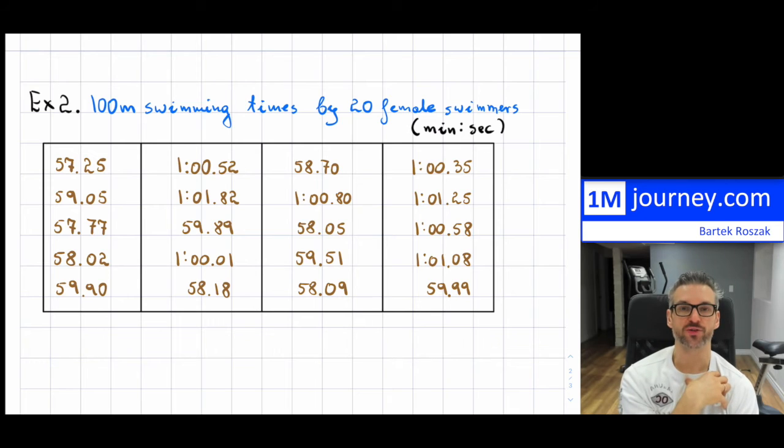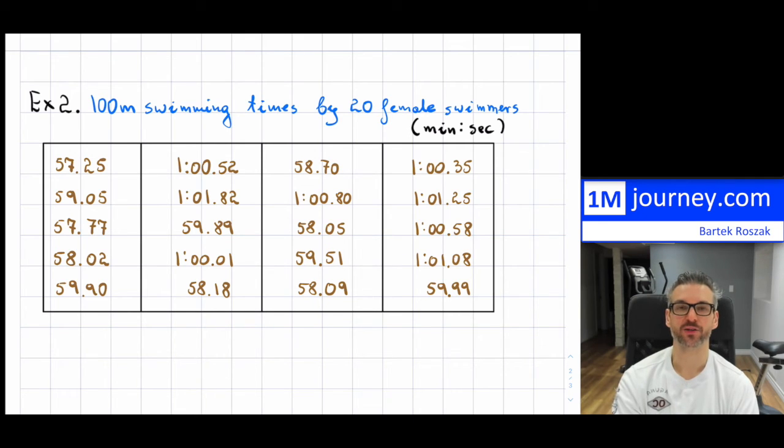As the researcher, or someone analyzing this, I can change those. Instead of having the minute, I can change that into seconds. So the 1:00.52, I can change to 60.52 seconds, because that's a minute. The 1 minute 1 second, 0.82, I could change to 61.82 seconds.